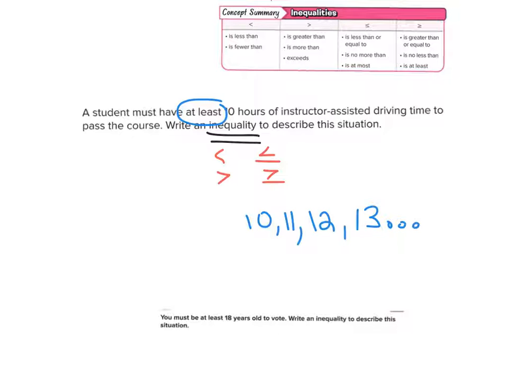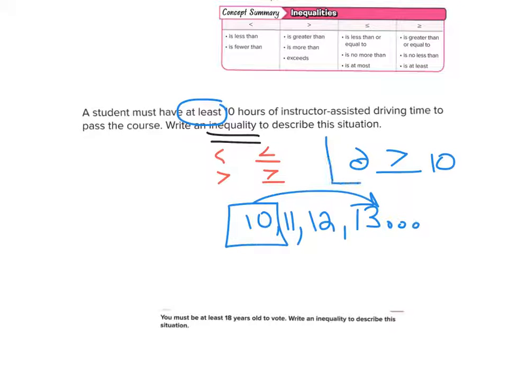So I'm going to use D for my driving time, and they can have greater than or equal to 10 hours. So at least means that they can have 10 hours or more than that to pass the course. So my inequality is my driving time is greater than or equal to 10 hours.